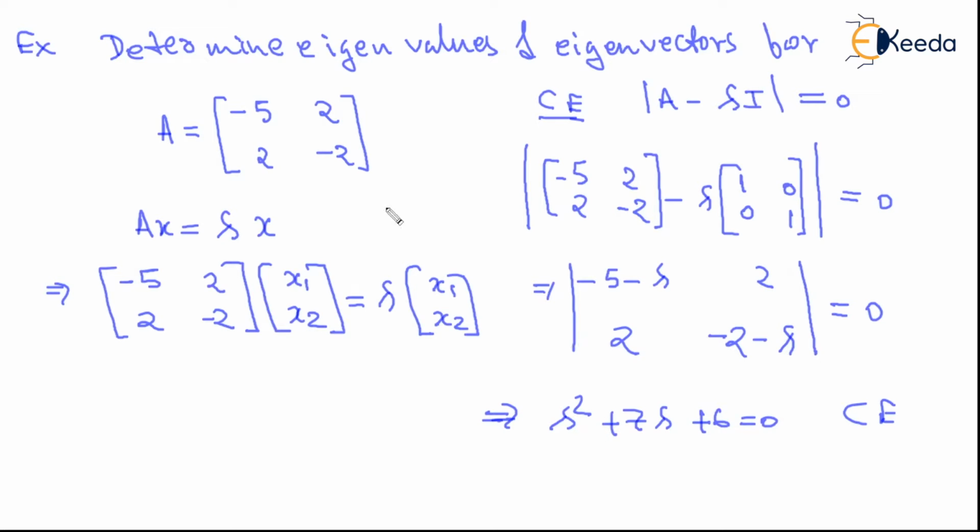So if a matrix is of order n, you can expect a polynomial equation of order n in terms of lambda. And the roots of this equation, you can factorize or use any method, you can find that lambda will be equal to -1 and -6. These are the eigenvalues. So we have -1 and -6.